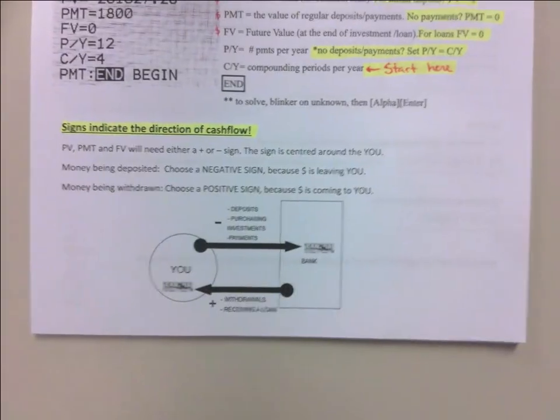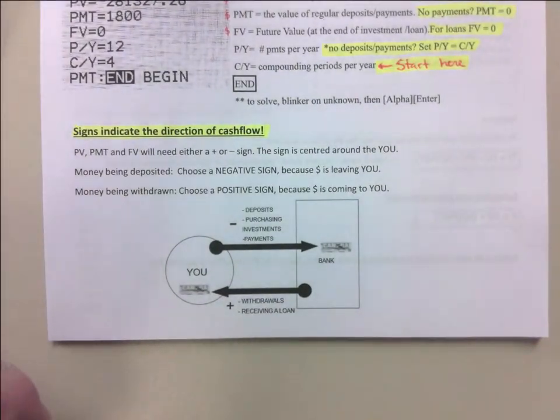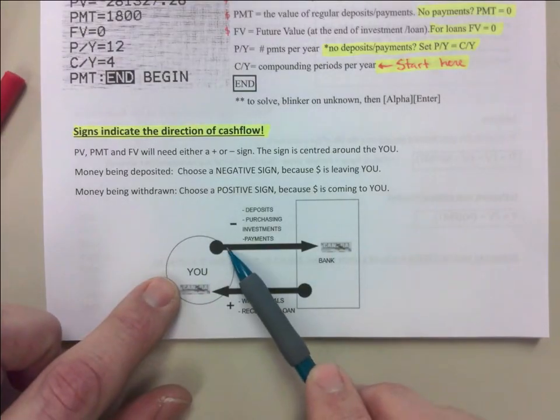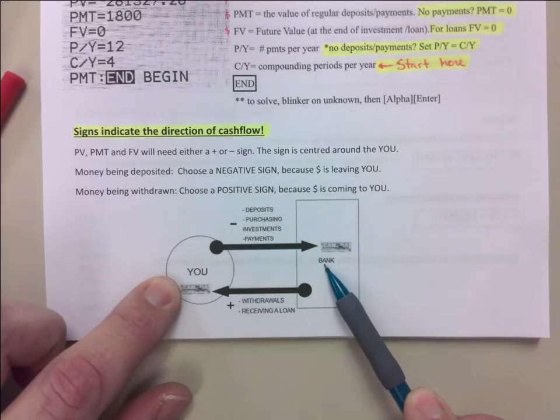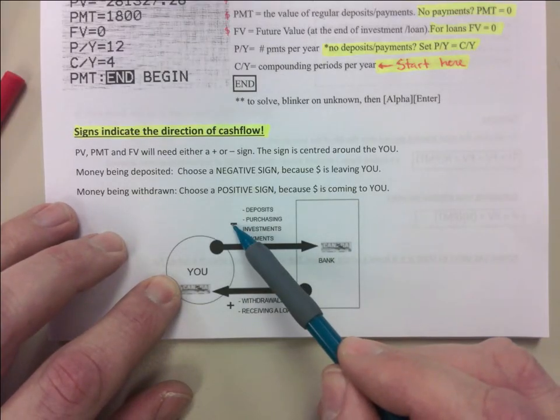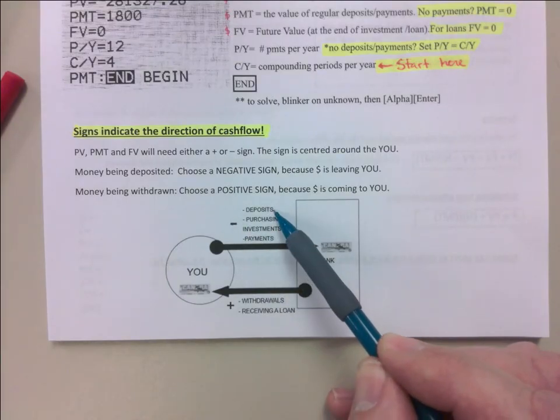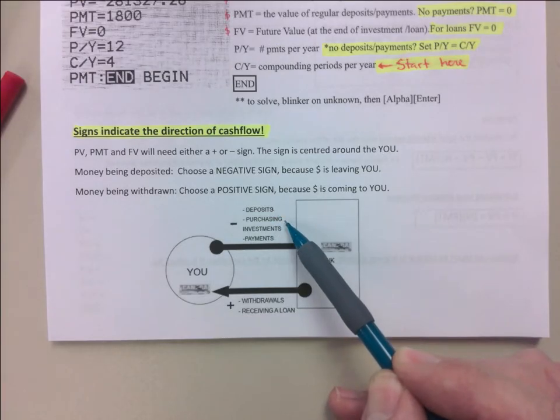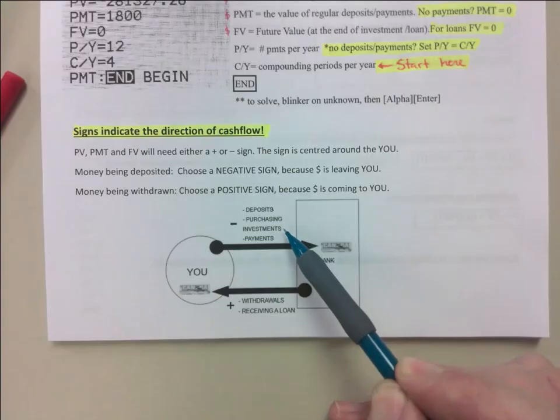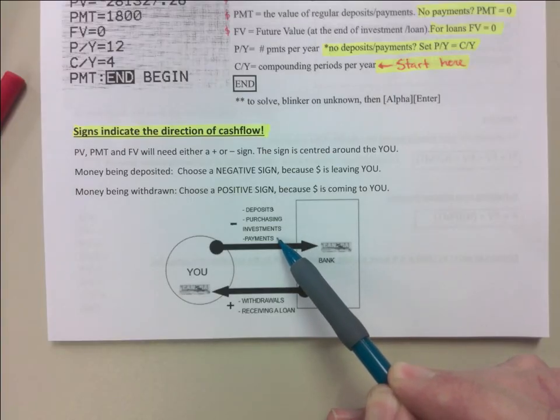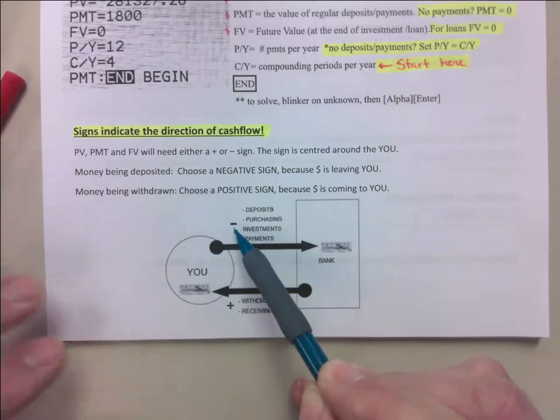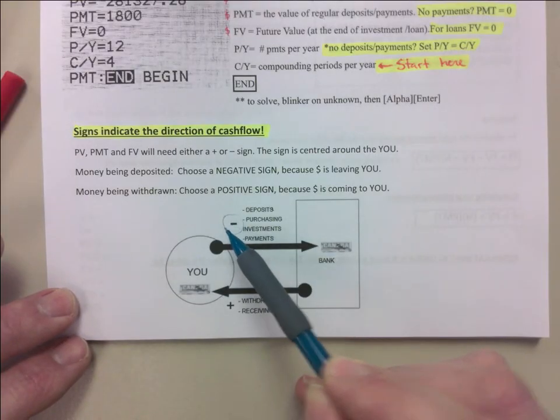And how do you know what sign to use? If money is leaving you, like you're giving it to the bank, you should have a negative in front of that dollar amount. So if you're making a deposit, PV should be negative. If you're purchasing or investing, if you're making a payment, anything that goes to the bank, you use a negative symbol.